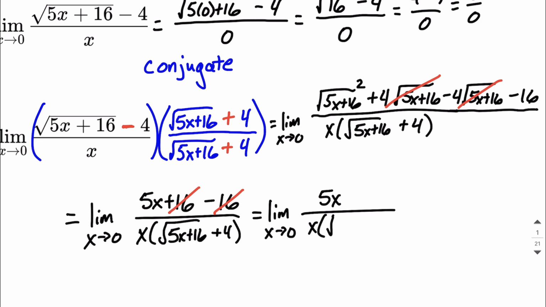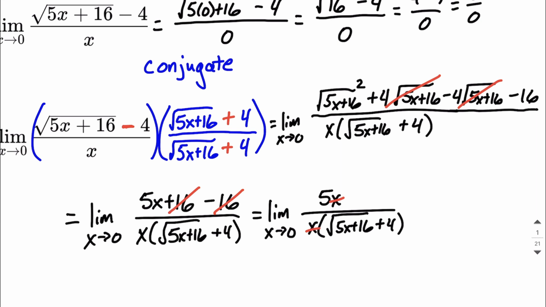For our denominator, we still have the x and the square root of 5x plus 16 right now with the plus 4. So carry those along. But we've gotten to the point where we're in a good situation. That x in the denominator at the beginning caused us problems, but now we have x multiplied by the entire numerator and x multiplied by the entire denominator.